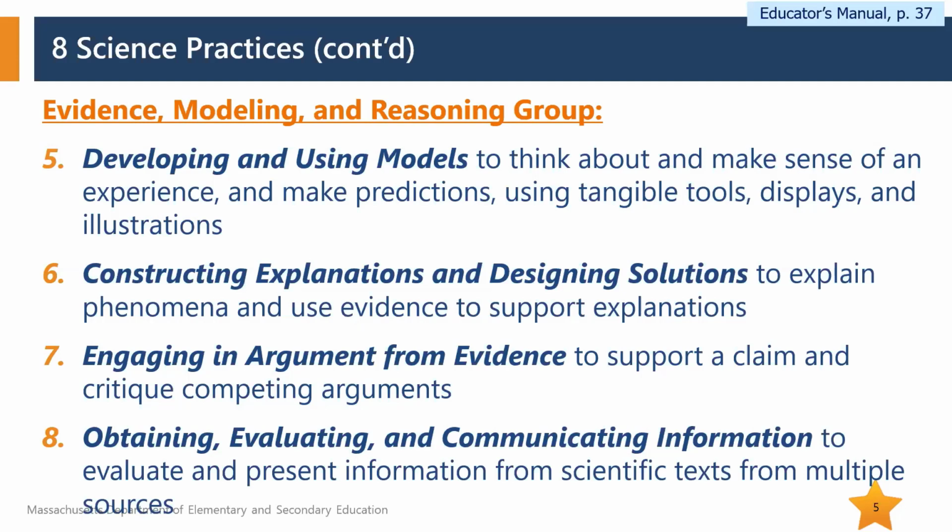These aren't important for you to know the groups. You'll just want to, when you look at the resource guide, look at each group and choose perhaps an entry point or access skill from each of those. Under this last group, it's where you would be developing and using models, constructing explanations and designing solutions, engaging in arguments from evidence, or obtaining, evaluating, and communicating information.